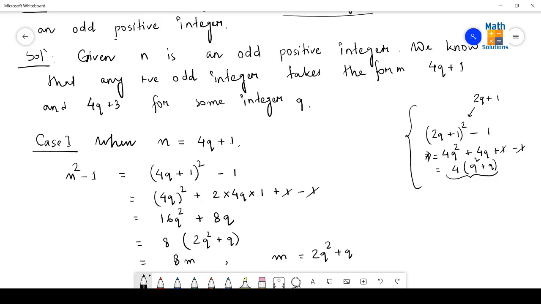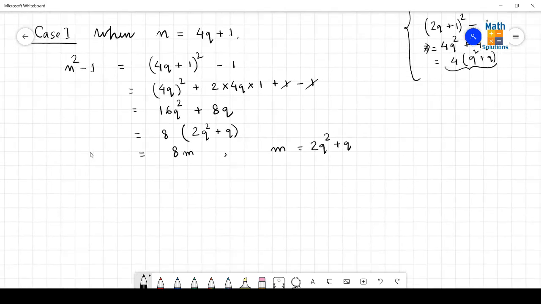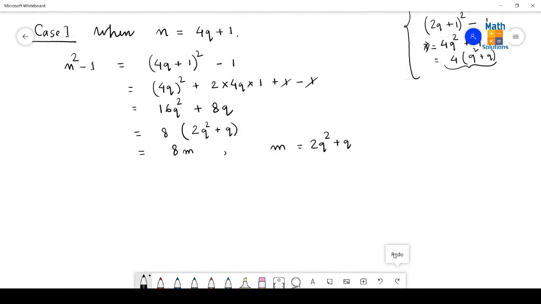So it is very clear that for this value 4q plus 1, n square minus 1 is divisible by 8. So I can conclude for case 1, therefore clearly n square minus 1 is divisible by 8.